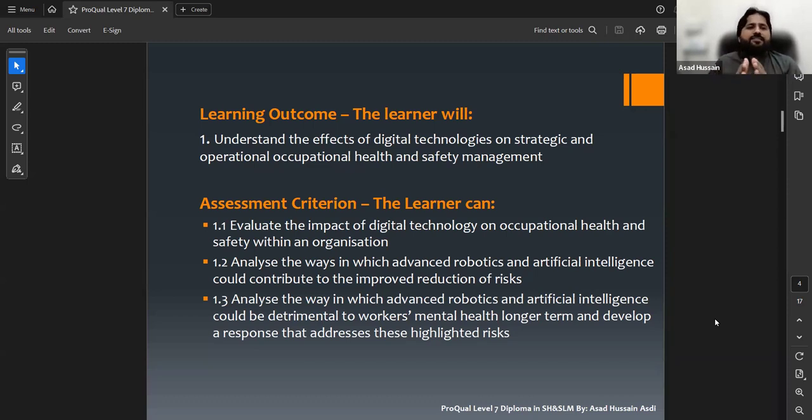So the first assessment criteria is evaluate the impact of digital technology on occupational health and safety within an organization. So everyone can give a good explanation of this and how they are evaluating this.